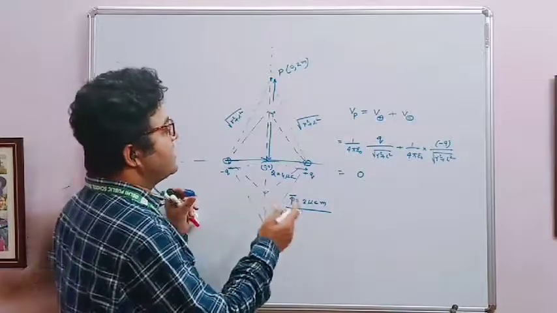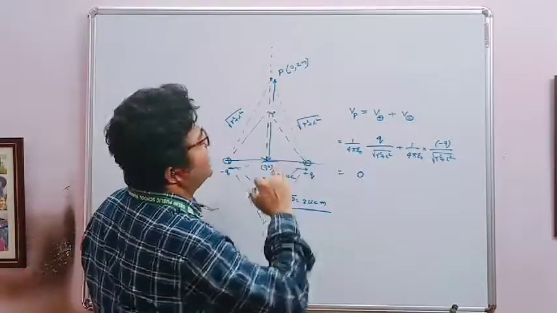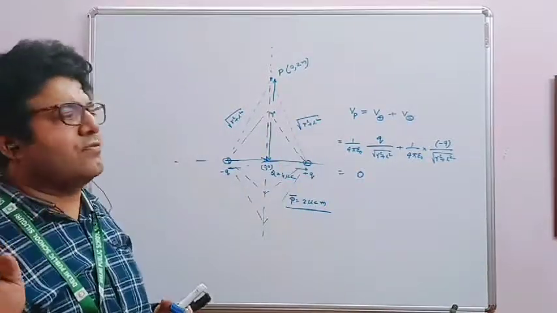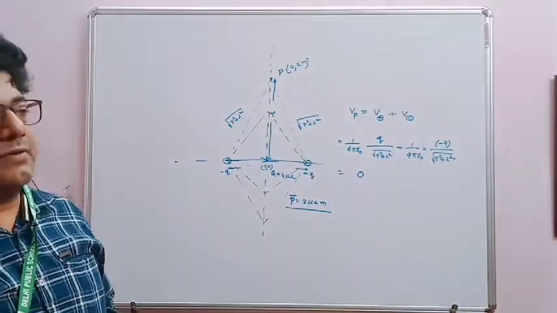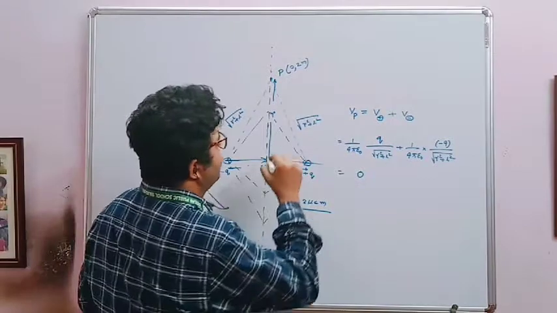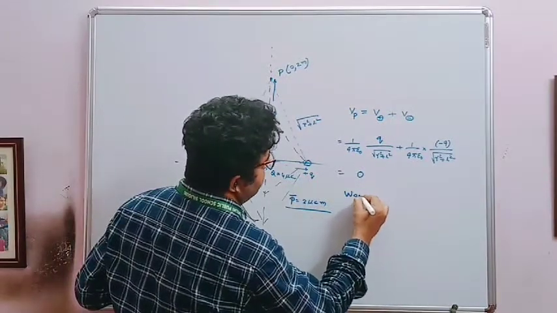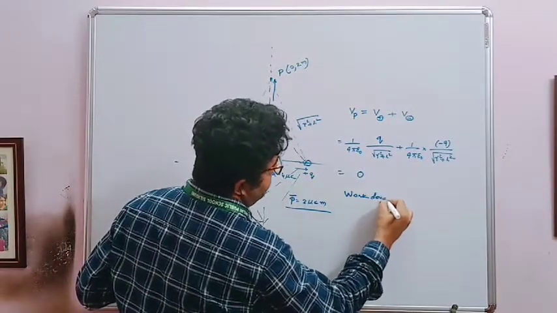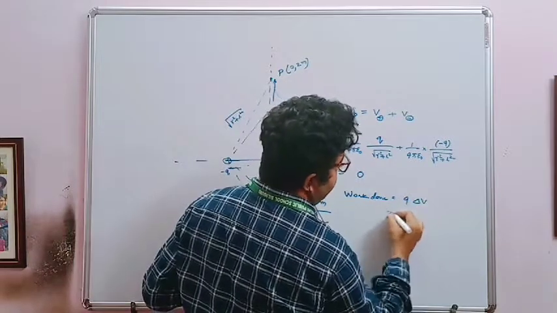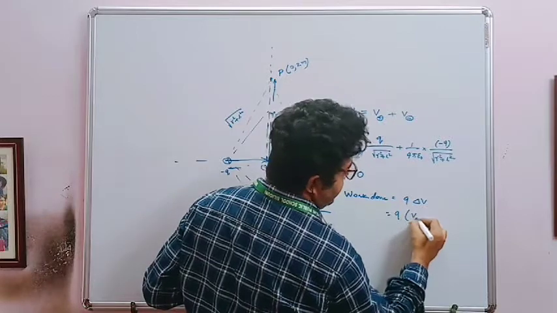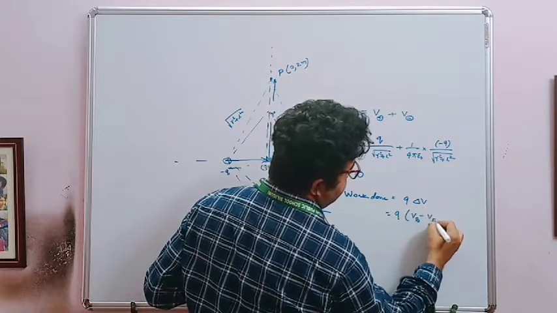When they ask this type of question, you think so many things and apply so many formulas, and then you even get some work done. But the real answer is, see, what is the definition of work done? That's what I'm saying, it's very important. Charge into delta V, the potential difference, VB minus VA.